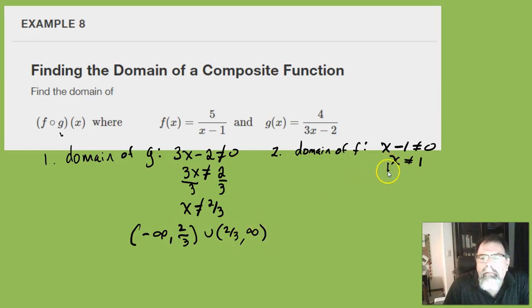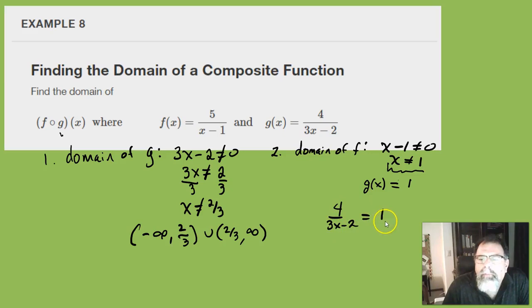And then we're going to exclude G of x that equals 1, right? So G of x, because that's what's going in here, we're going to do G of x. So G of x is this one, and we have to solve it for what makes that equal to 1.